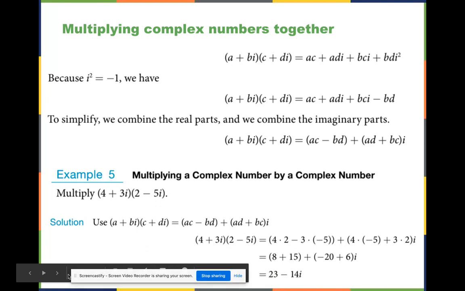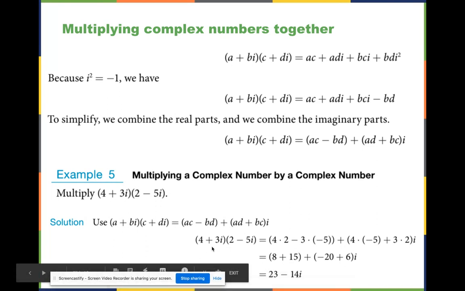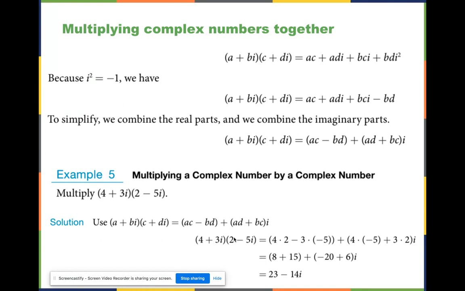Let's see if I can move this over. There we go. Okay, so if we have this complex number times this complex number, we're going to multiply the 4's together. And then I guess they do this. Let's see. 4 times 2, 4 times -5.